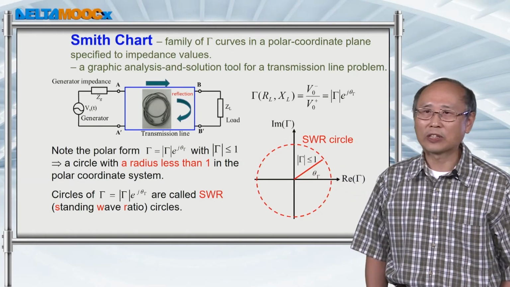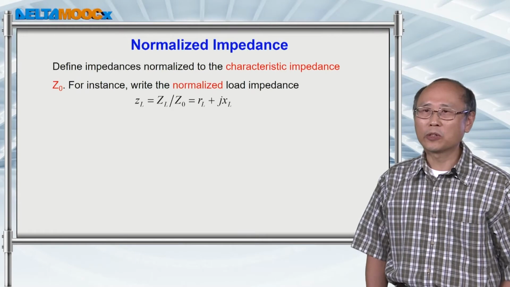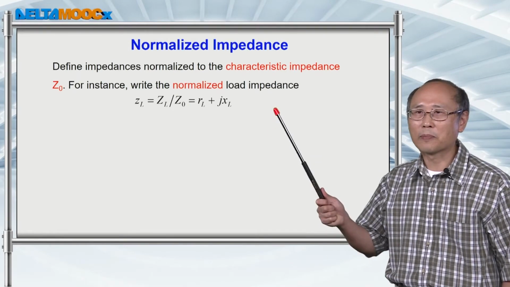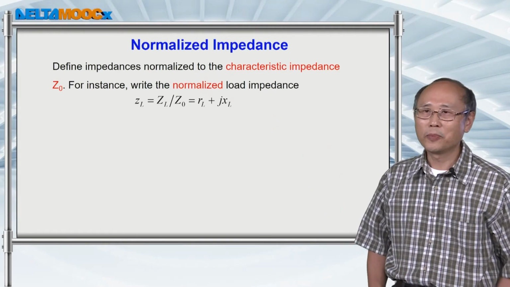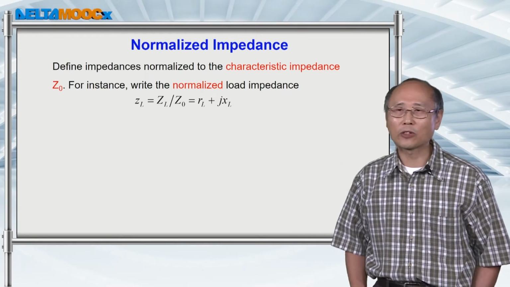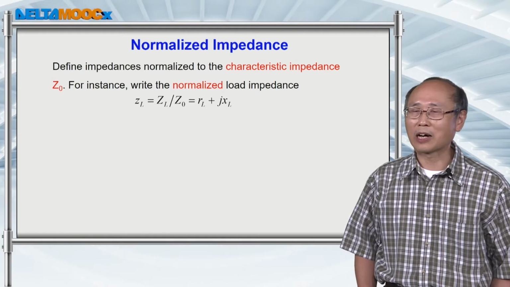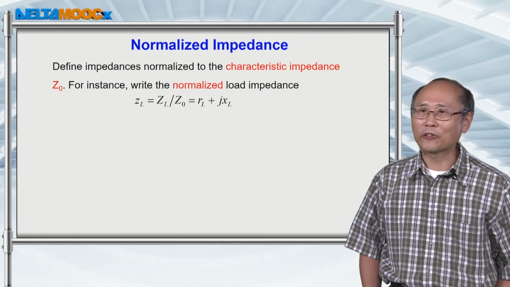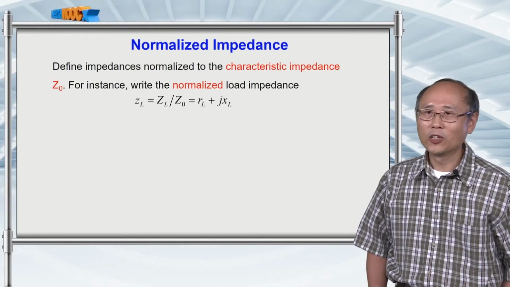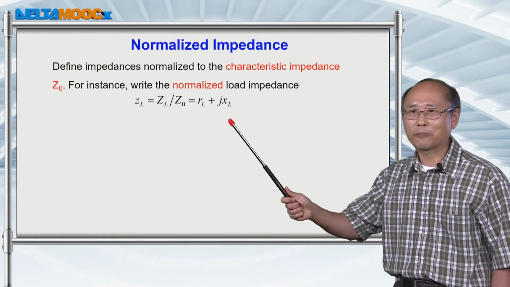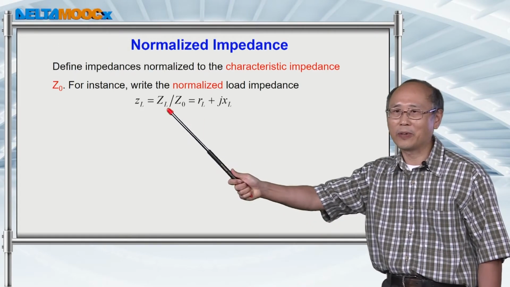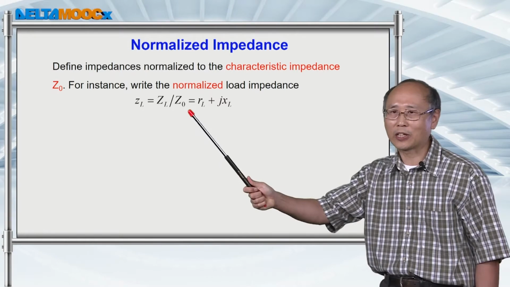Before I give you the details of the Smith chart, we want to define some normalized parameters, because when we create a graphic tool, we want it to be valid for transmission lines with different characteristic impedances. So when we talk about impedance, it's better to normalize it to the characteristic impedance.